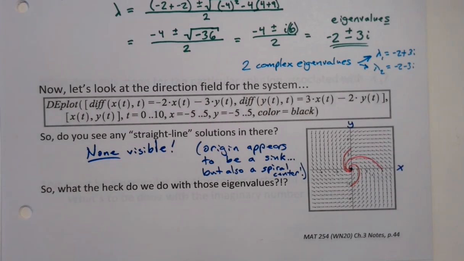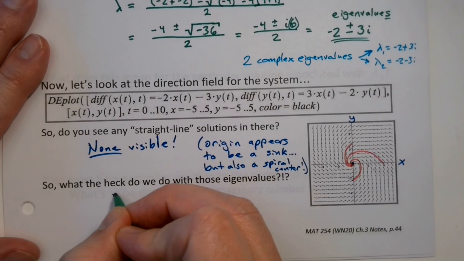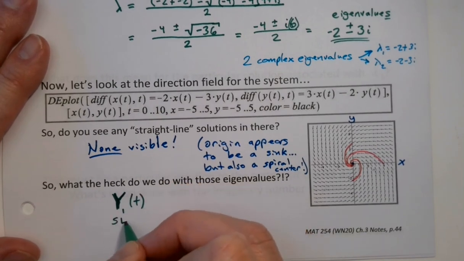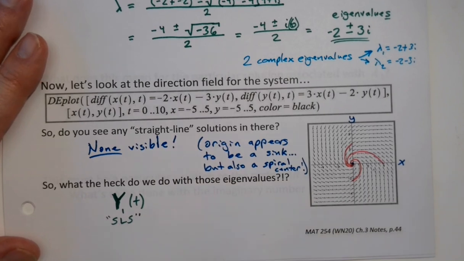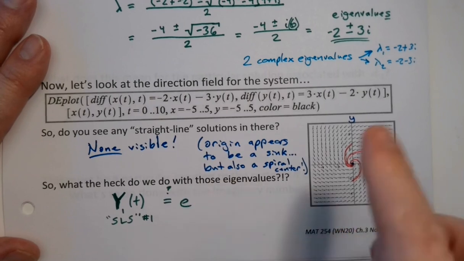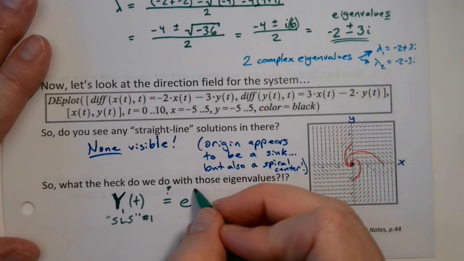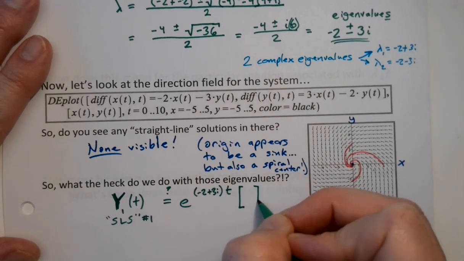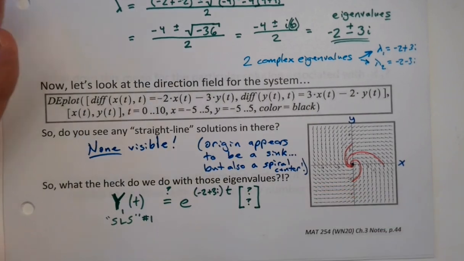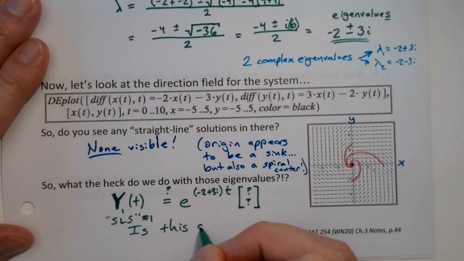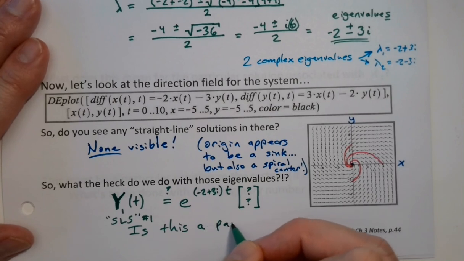Well, one thing that we would have done in the past is we would have said maybe one of the solutions, like y1, is a straight line solution number 1. And I'm going to put in quotes straight line solution number 1. Is that equal to something like e to the negative 2 plus 3i times t times some eigenvector? Is that really a straight line solution?